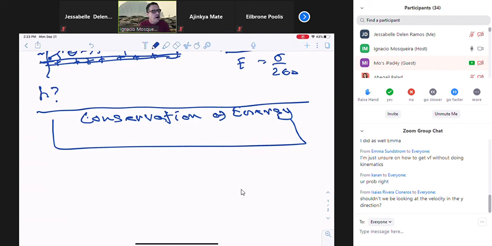Okay. Let's see. Emma has an option for us. Now, Emma, of what you wrote, let's think about this a little bit more. It's conservation of energy, so you're going to write something like that. But let's think about your formula.